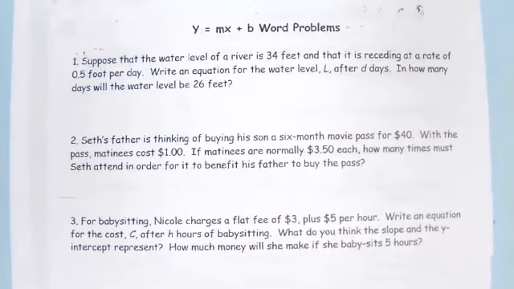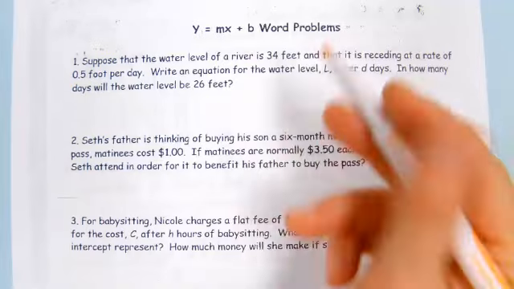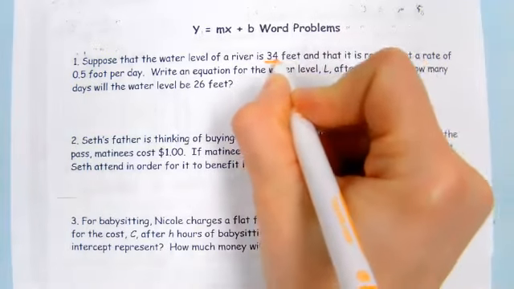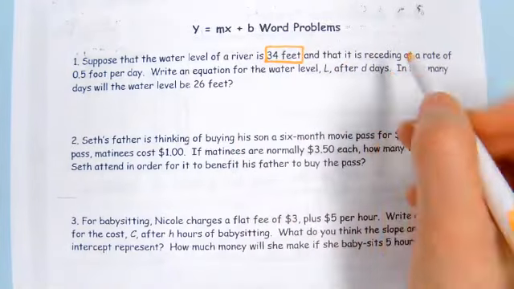All right. Let's look at this. Word problems. Suppose that the water level of a river is 34 feet. And as we do this, it is helpful to underline or circle important information. And that it's receding.